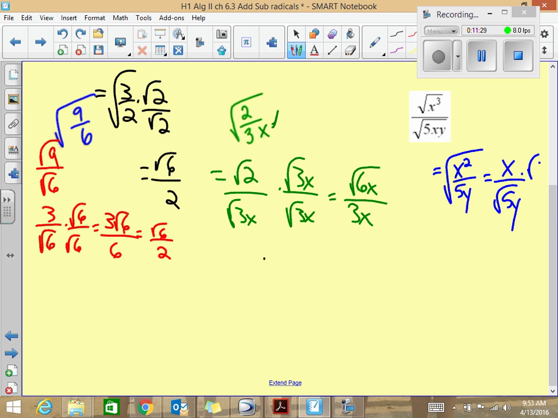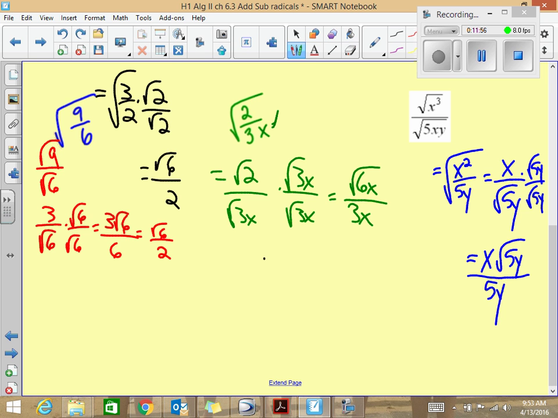So we multiply top and bottom by radical 5y. So our answer is x radical 5y over 5y.